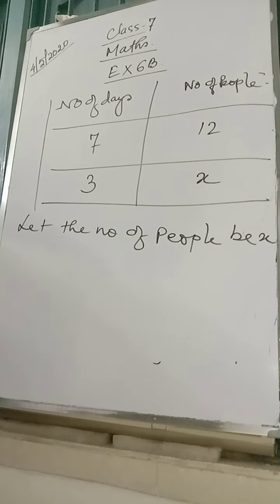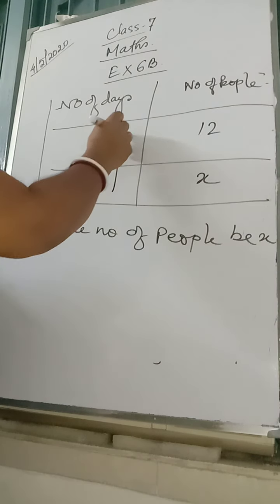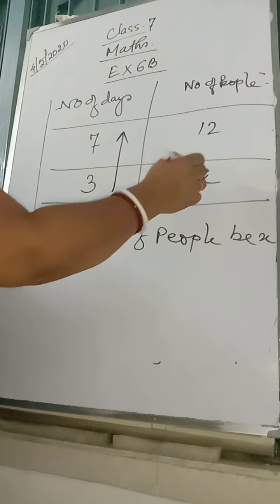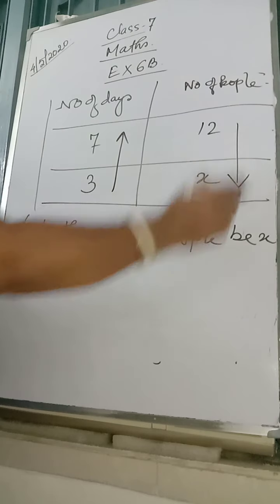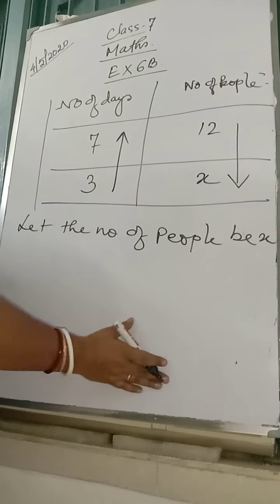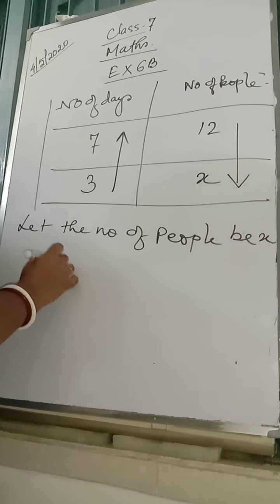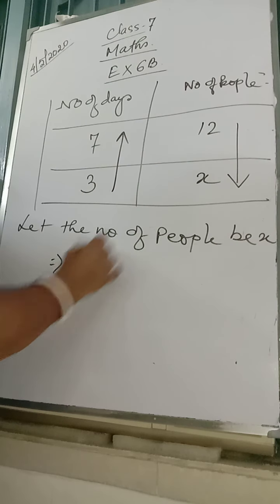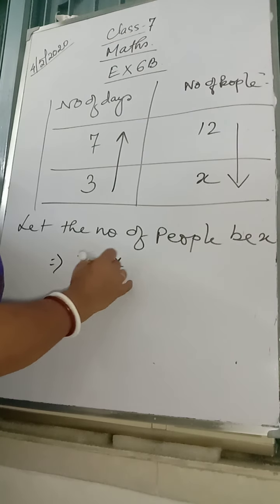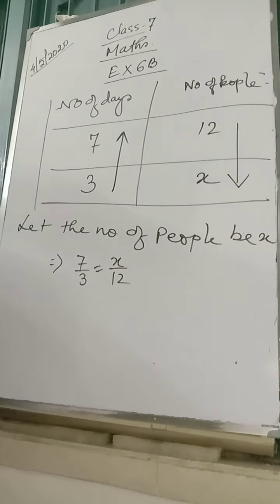Is it? So it is indirect variation. So in this case, what do we do? We write one side as it is, and this we write in reverse order. What will we be writing? 7 by 3 as it is, but this side we will write in reverse order, X by 12.